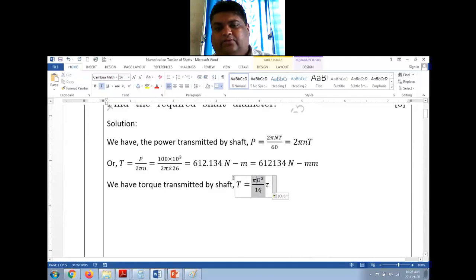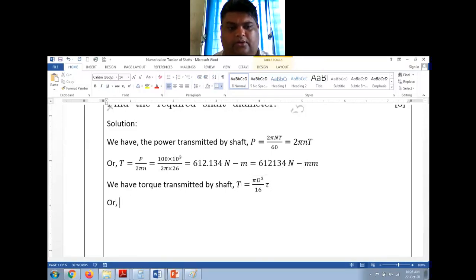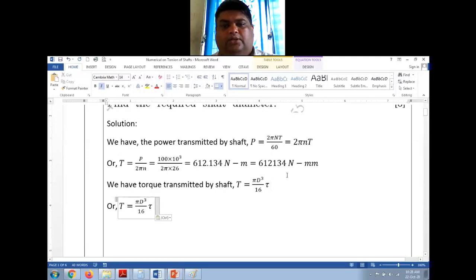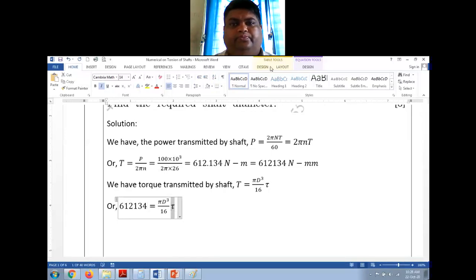So now I have to just substitute the values in this. What is my torque? Torque is this, so substitute this value. So pi d cube by 16, it remains as it is, into tau.